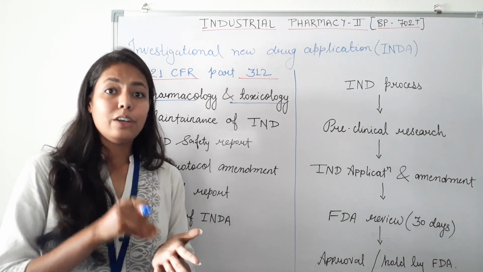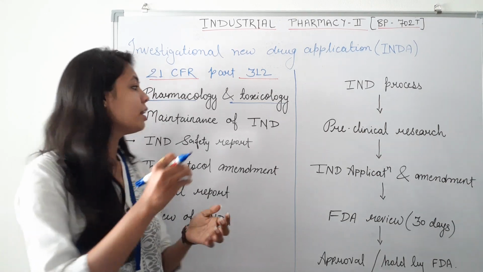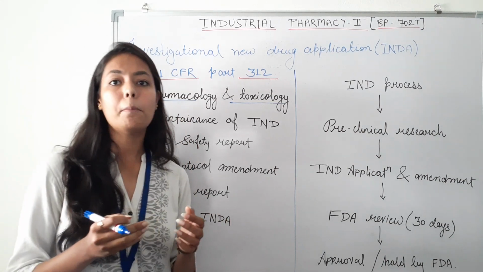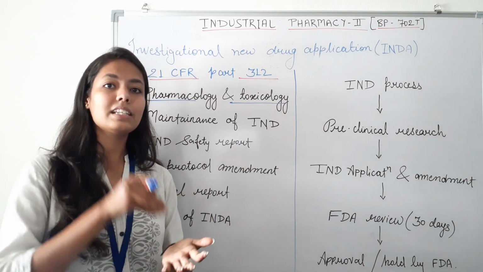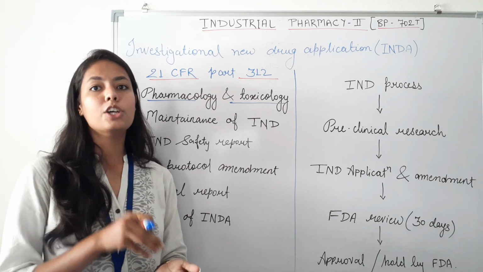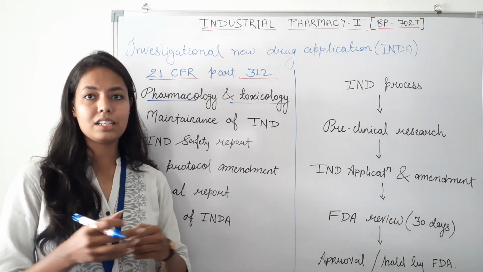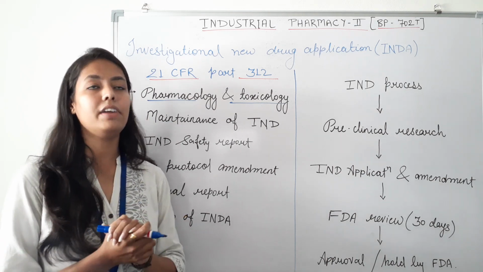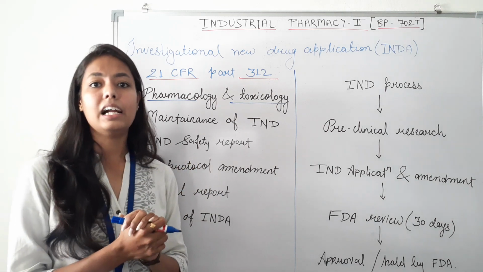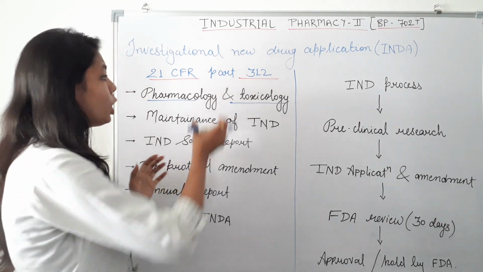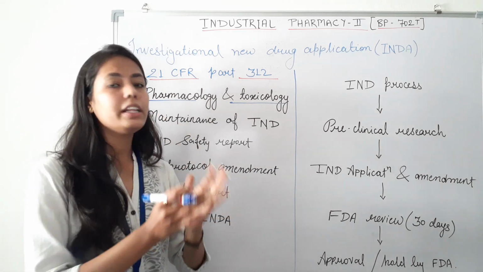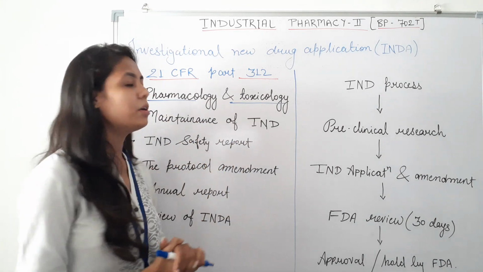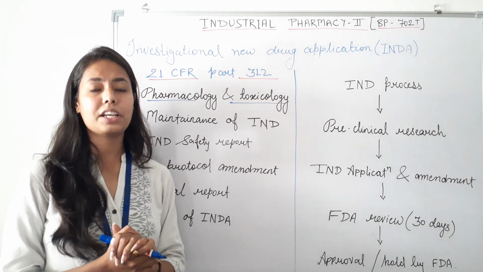The non-clinical safety data regarding that particular compound shows the starting dose which is convenient for the human trials. These are the common non-clinical safety studies required to start a phase 1 clinical trial. So, what information do we have to put in this pharmacological and toxicological section?